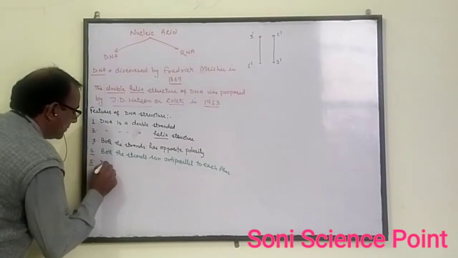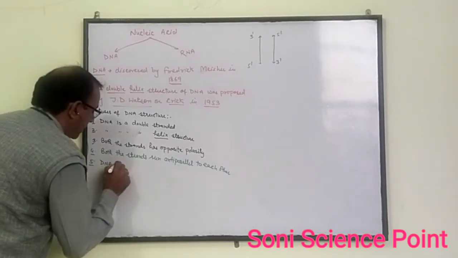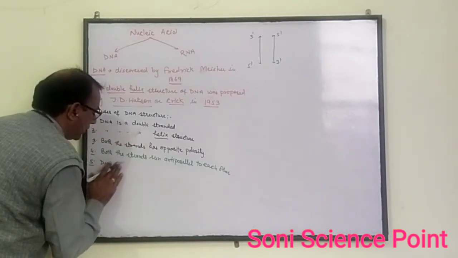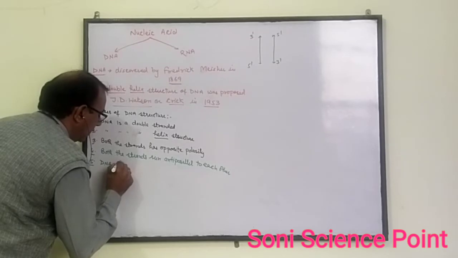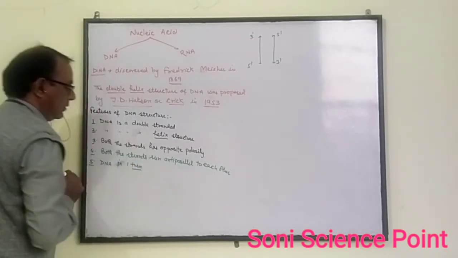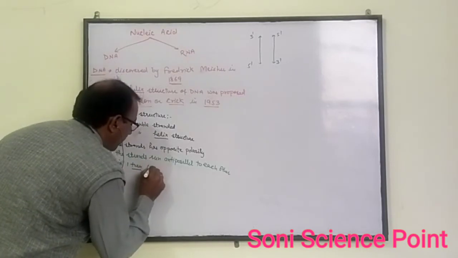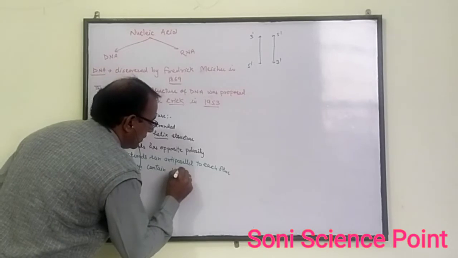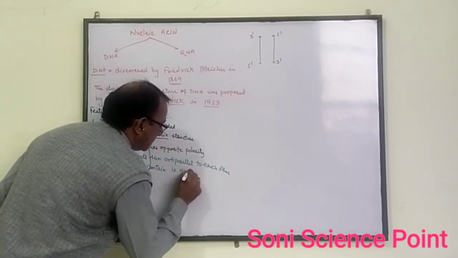The DNA in one turn contains 10 nucleotides.